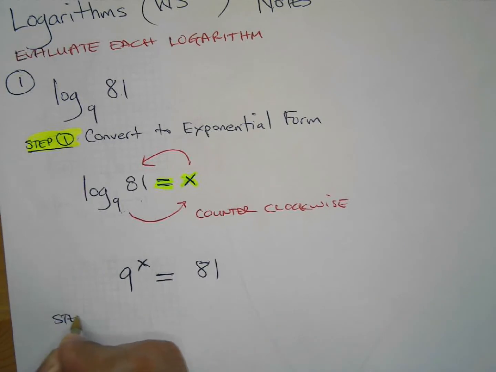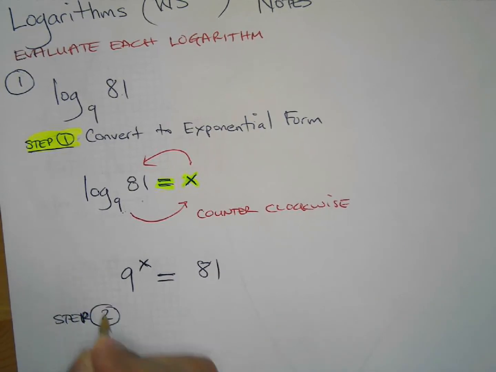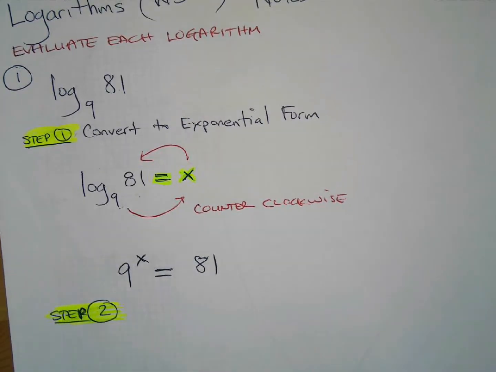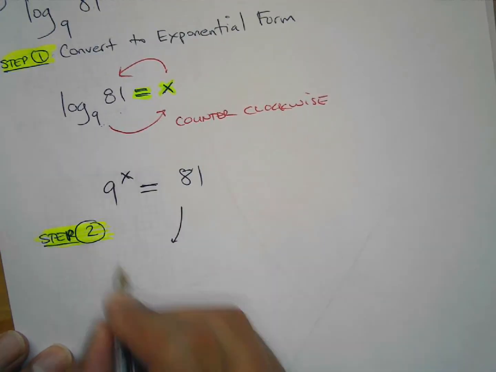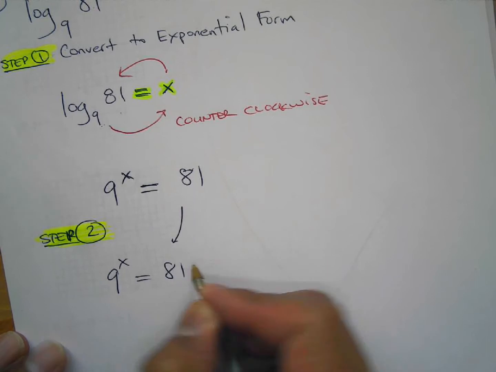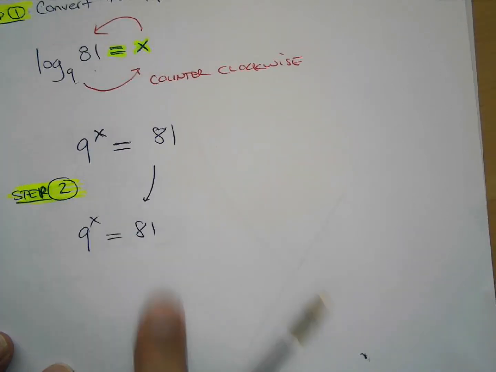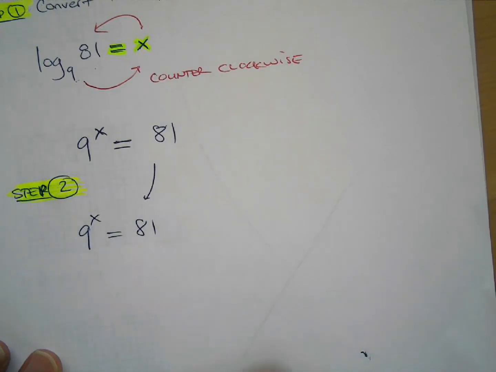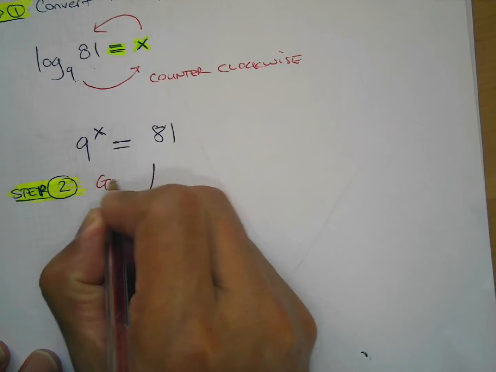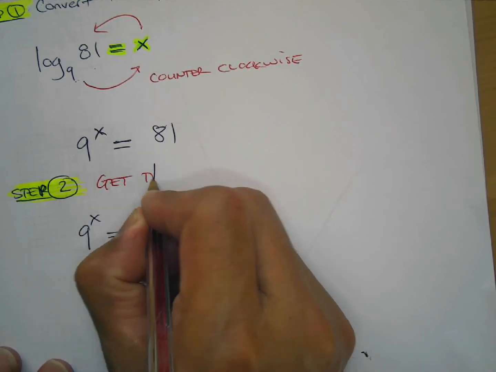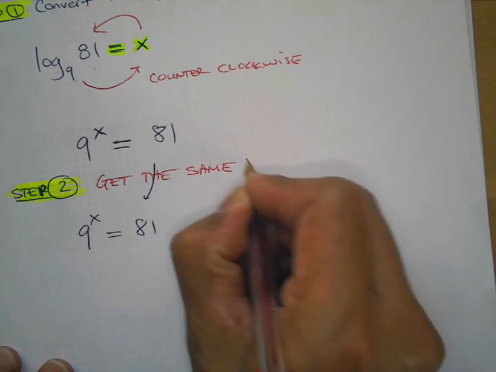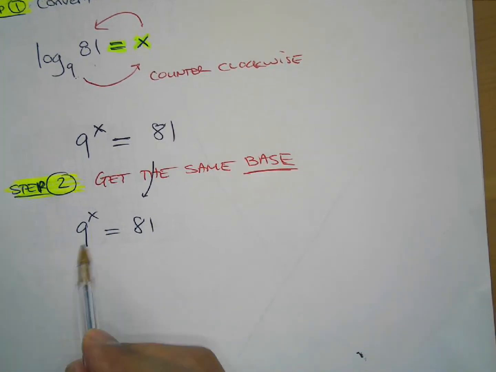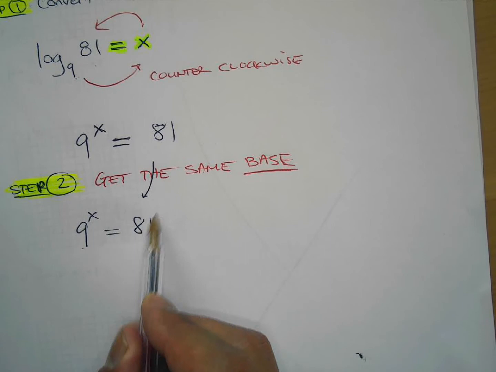Step 2. Now you're going to take 9 to the power of x is equal to 81. And what you're going to practice here is to get the same base. We're working with bases and exponents.